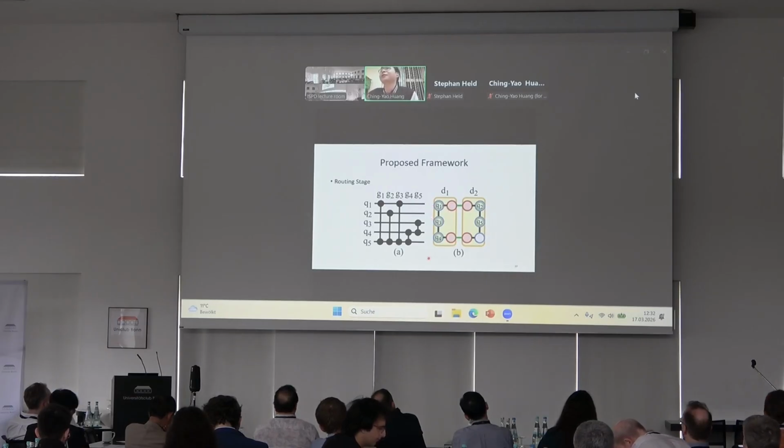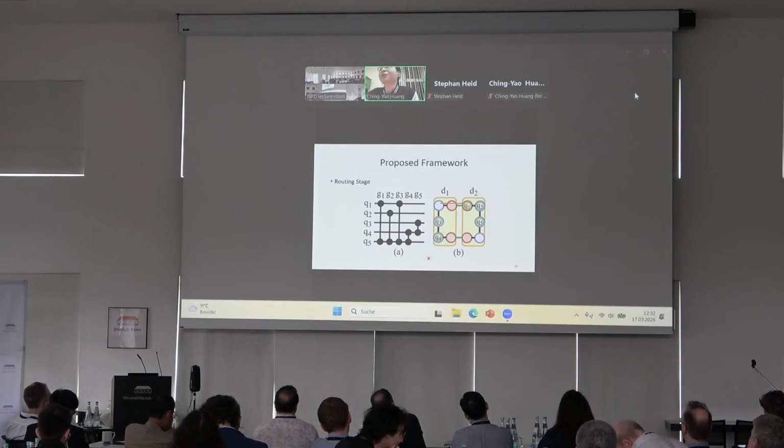In local gate execution, to execute G1, we exchange the mappings of Q2 and Q5 with a swap. Subsequently, we can execute G2 and G3 since their operand qubits are mapped to adjacent physical qubits within a QPU.